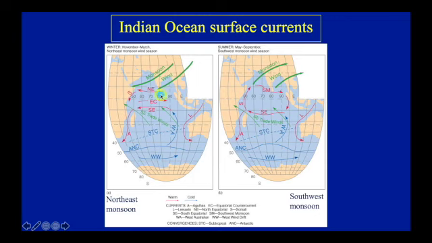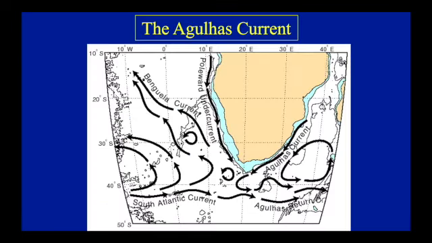These are the two major things that you should be able to describe: how this current system changes because of the monsoon, because you don't see these changes in the large gyre systems like in the Atlantic or Pacific. So this is very unique in the Indian Ocean.